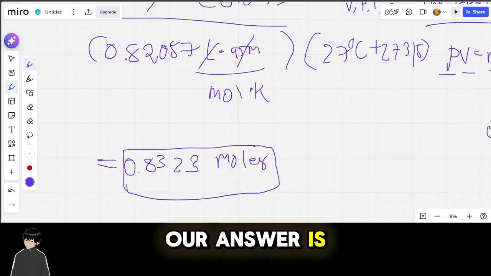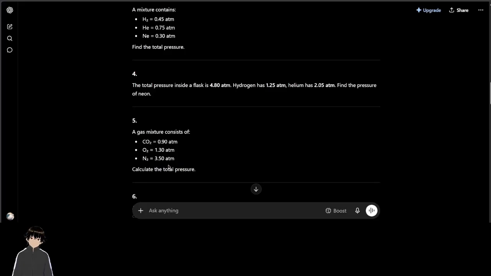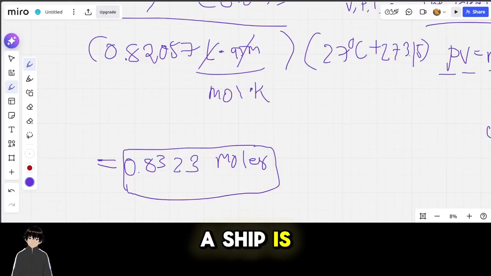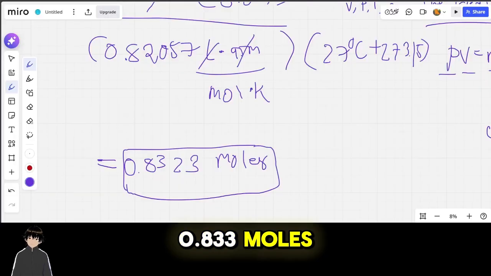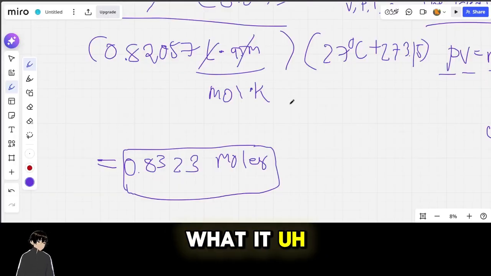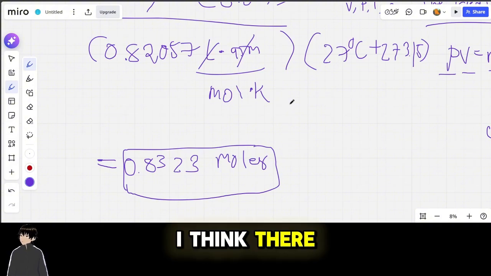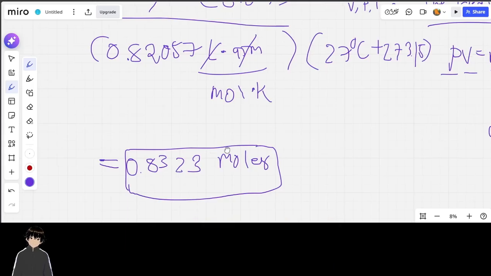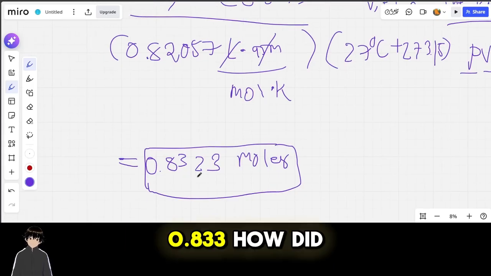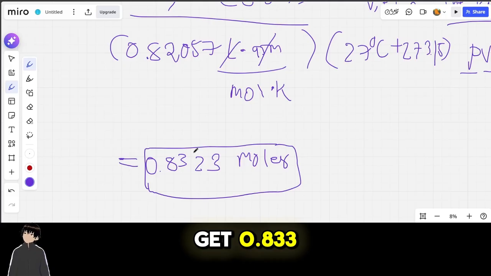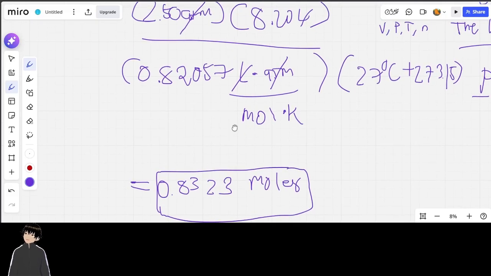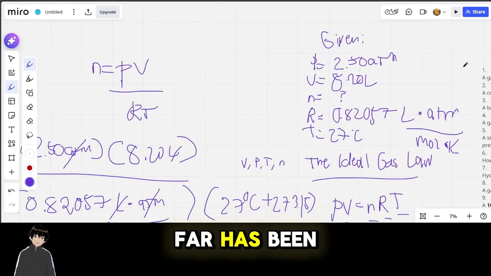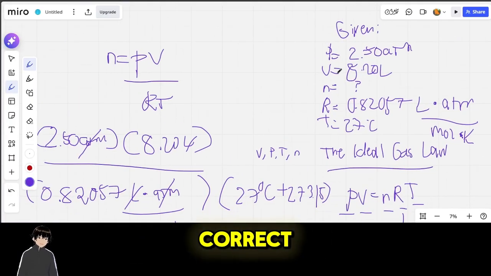Let's see if our answer is correct right here. Answer sheet is 0.833 moles. So I think there has to be some sort of mistake here. I don't really know. 0.833. How did I get 0.833? There has to be a mistake with the gas constant because everything so far has been correct.